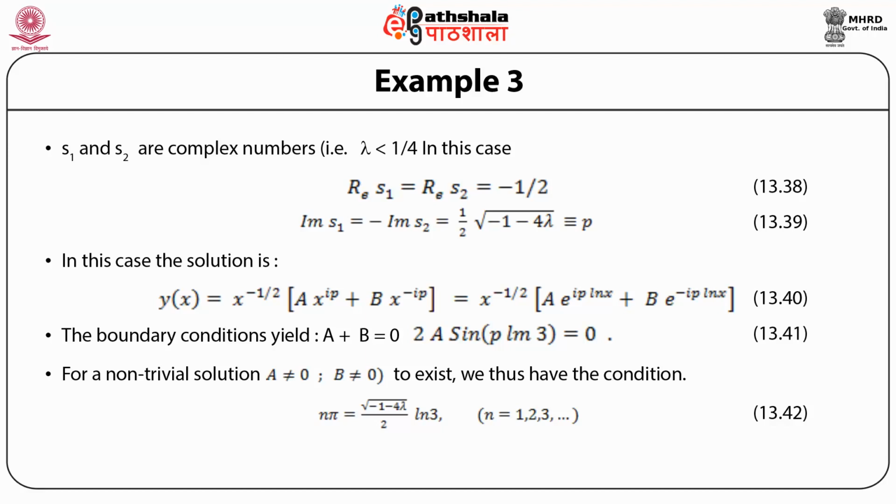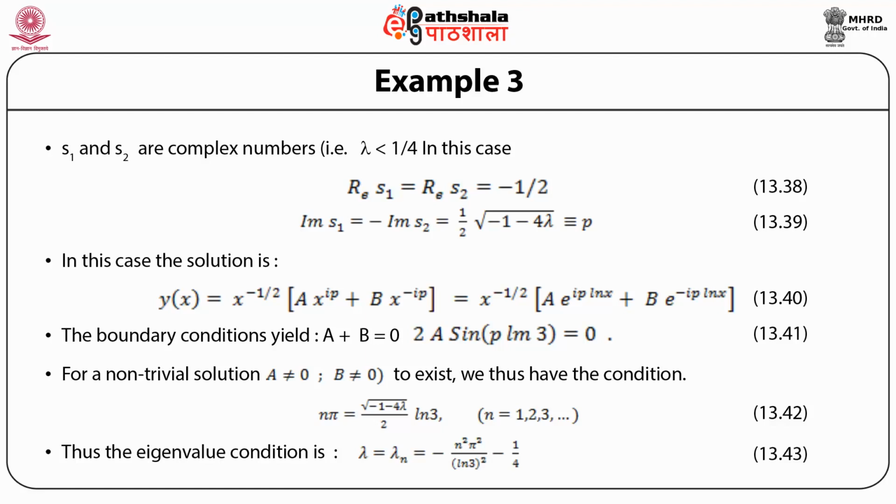Substituting for p, which is half under root of minus 1 minus 4 lambda, we have the non-trivial solution if 3 by 2 into under root of minus 1 minus 4 lambda is equal to n pi, where n is any integer. This is the eigenvalue condition, which gives lambda is equal to lambda n is equal to minus n square pi square by 9 minus 1 by 4.